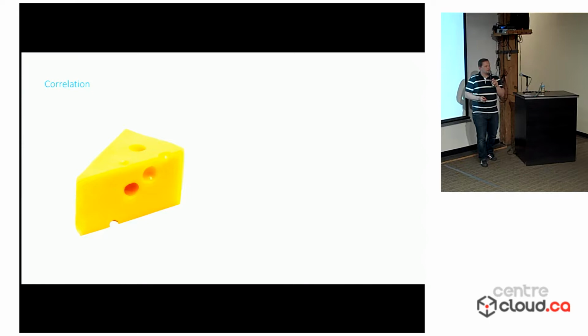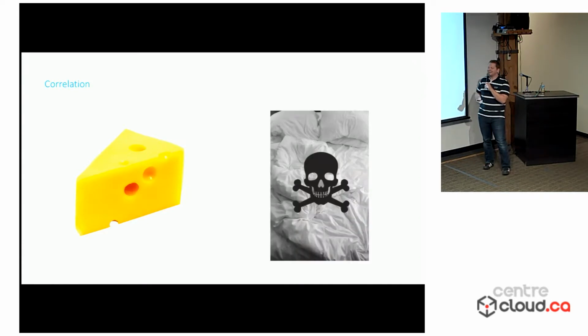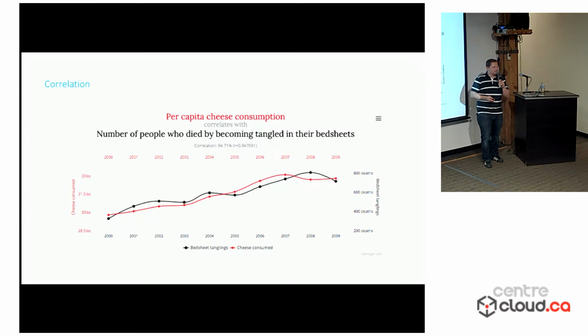Apparently there is a correlation between the amount of cheese you eat and the amount of people that die tangled up in their bed sheets. And I'm not kidding you. There is an almost perfect correlation between those two, 94%. So what's the point of this? Why am I telling you this?